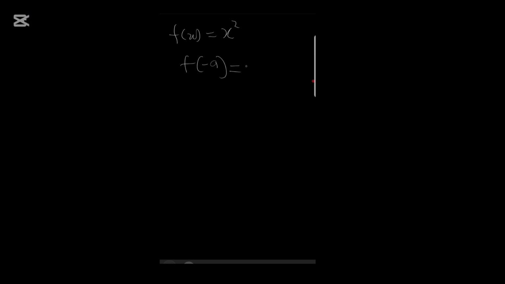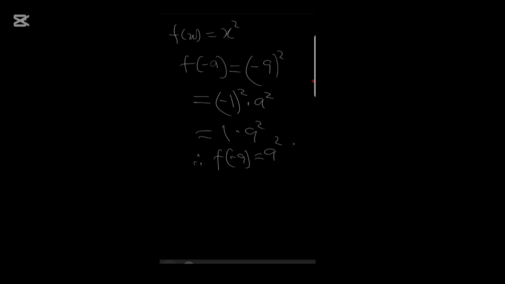So f of minus a will be minus a all square, which will give us minus 1 square times a square, and minus 1 square is 1 times a square, which at the end will give us a square.